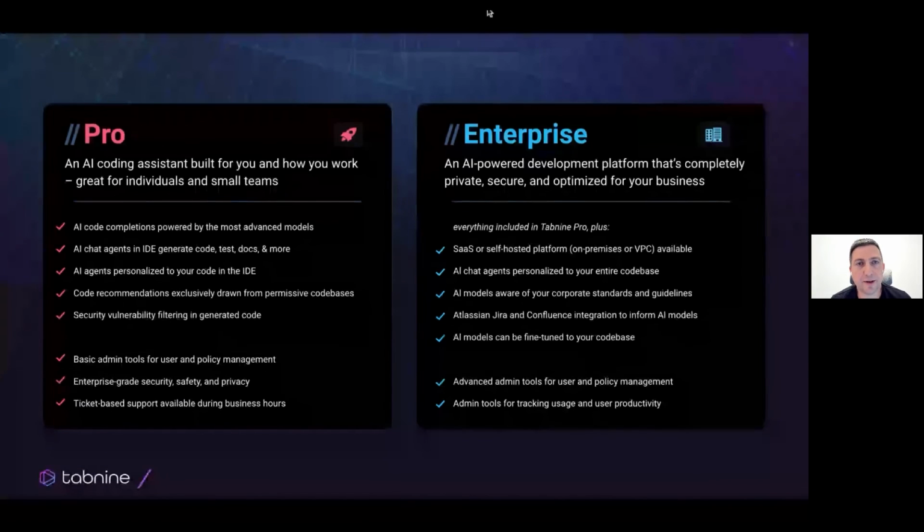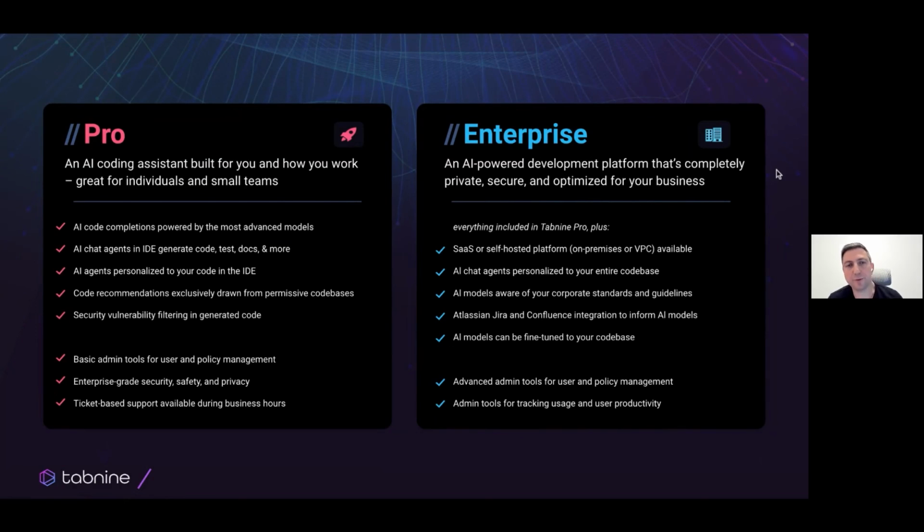If you're using Tabnine Enterprise, you get an AI-powered development platform, completely private, secure, and personalized for your business, so you can run it anywhere. You can get chat agents that are aware of your entire code base, models that follow standards and guidelines, connection to Atlassian Jira and Confluence that are used to inform the AI models, and all sorts of advanced admin tools as well.